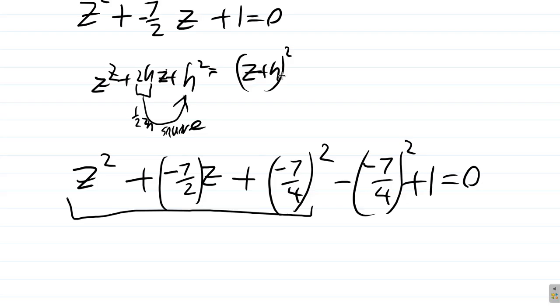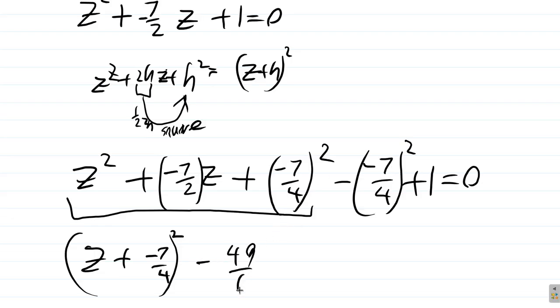So you could write it as z plus h squared, z plus negative 7 over 4 all squared. Alright, I have to take care of this part now. Minus 7749 over 4416 plus 1 equals 0.